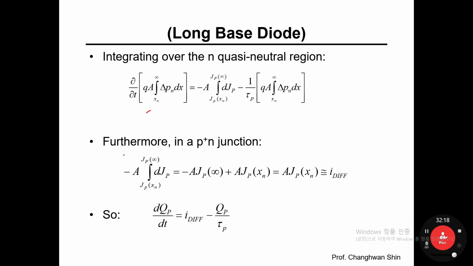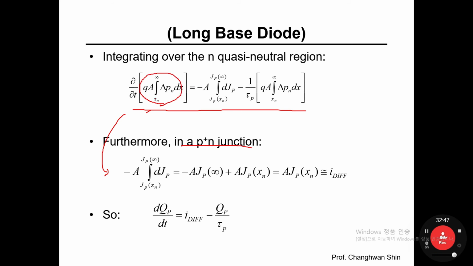Okay, so furthermore, in a P plus N junction, so previously we talked about the PN junction, but now let's narrow down our focus onto the P plus N junction. Then the equation above can be more simplified like that. Before moving forward, what was this, by the way?